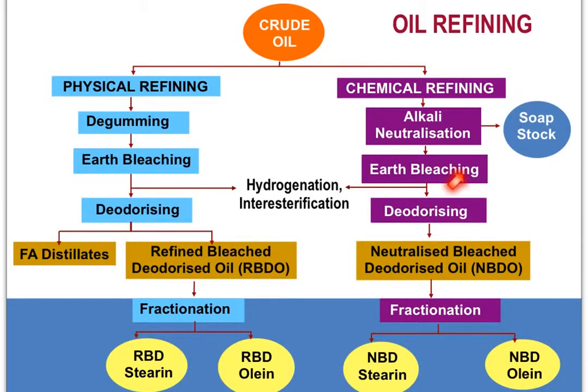Then we can also add the earth bleaching. This is a bleaching step to remove the pigment or the color of the oil. Then the deodorization process to remove the free fatty acid, and the product of this alkali neutralization is called neutralized bleached deodorized oil, or NBDO.